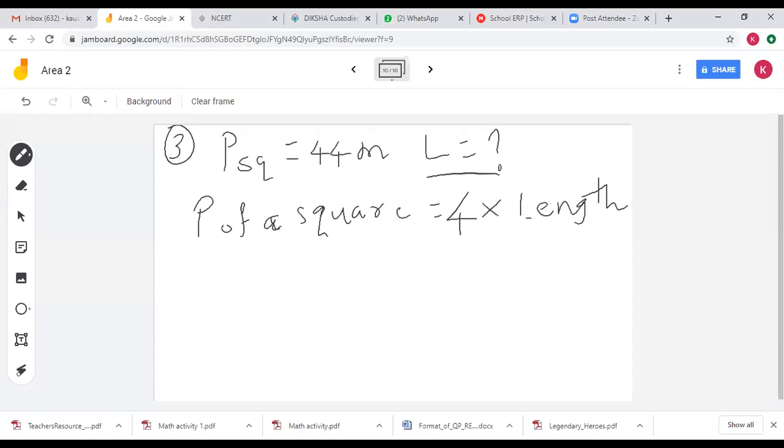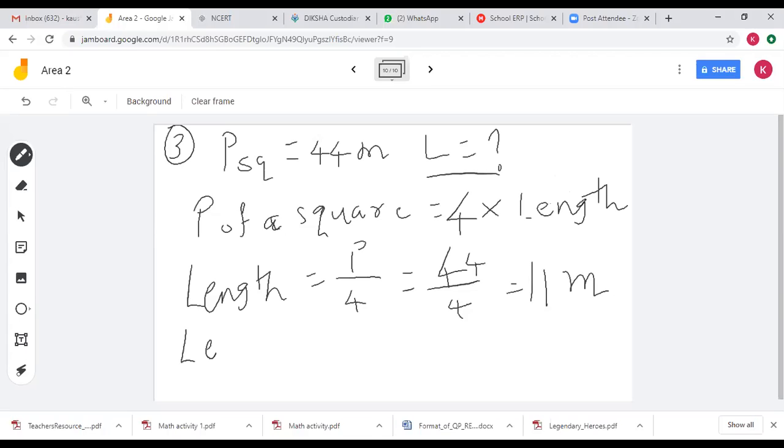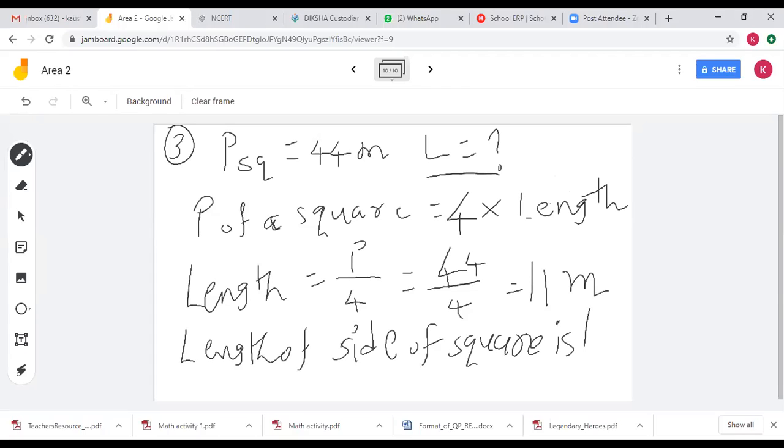So the length becomes perimeter of square divided by 4, which is 44 divided by 4. What will be the answer? 11. But 11 what? Meters. So length of side of square is 11 meters. That is your proper answer, right?